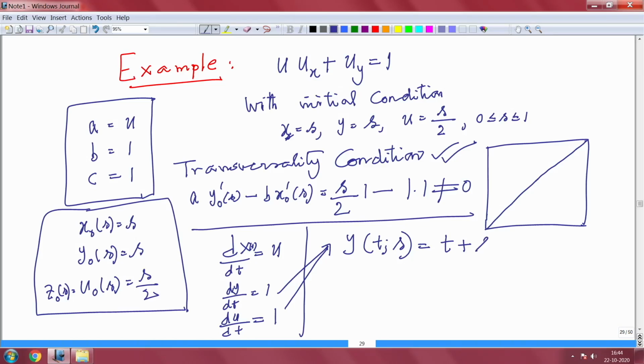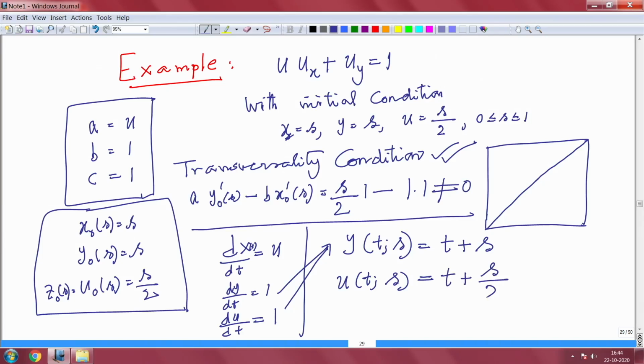So, you will get t plus s here, and then you will get u(t,s), or z(t,s), is equal to, again here you will get t plus, then the constant is s by 2. So, you get t plus s by 2.